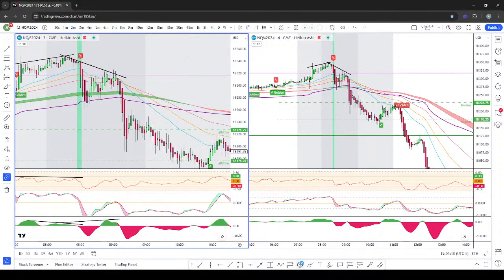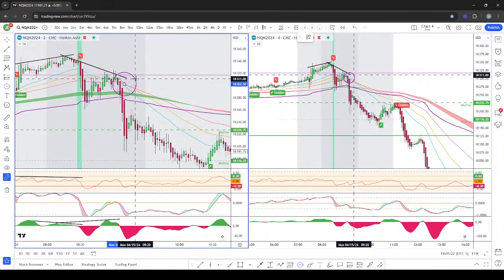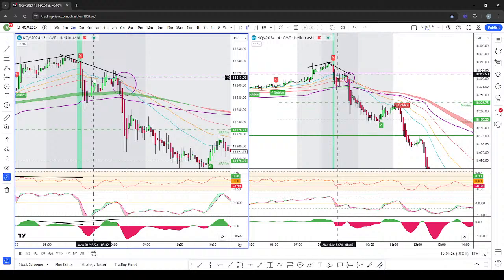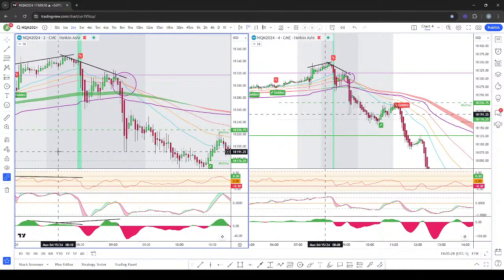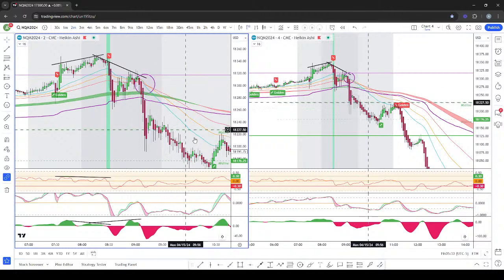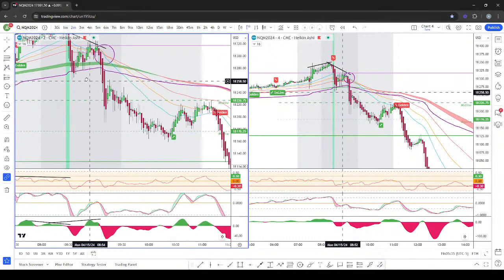This area right here where the EMAs cross over is like that transitional state where price was in an uptrend and the bias is now changing to a downtrend over here.